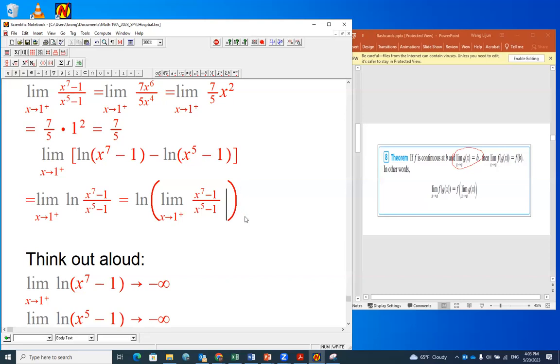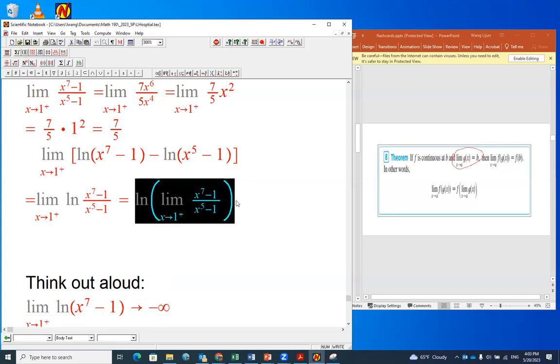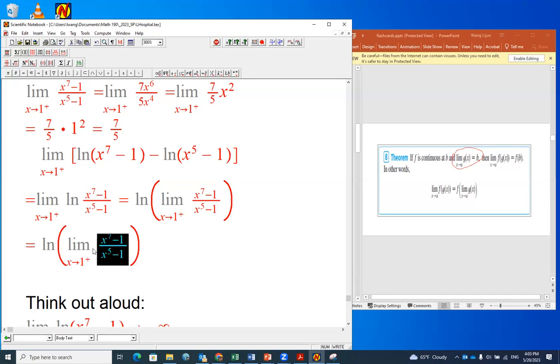We can bring the limit into the inside. So we're applying this theorem, and of course the limit inside is equal to 7/5.